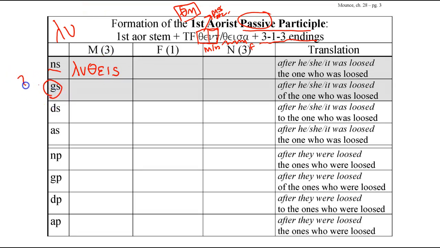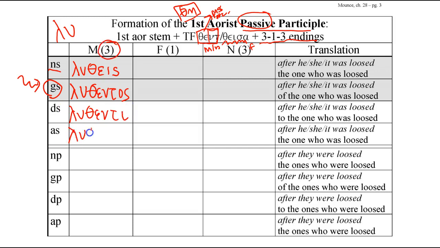It's the genitive where you'll see the stem for the participle that you'll be using throughout the entire paradigm. So you take lu, or your verbal root, you take thent, and then you add the genitive ending, os. So luthentos is the genitive singular masculine form. Luthenti is the dative form.